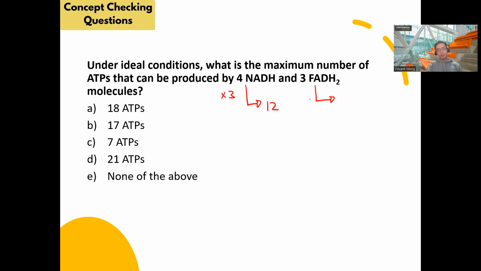And then this one, we're going to multiply by 2, because each FADH2 can make 2 ATP, so 2 times 3 gives you the 6. And we just have to add them together. 12 plus 6 is 18. All right. Any questions? It's pretty straightforward.